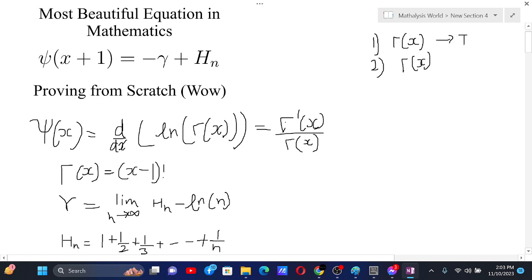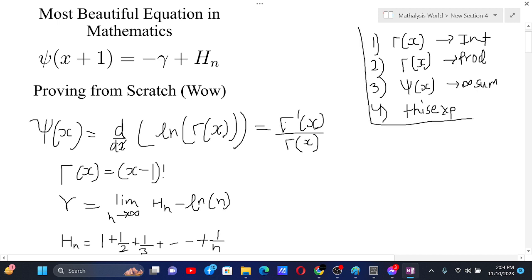And from that we will get an infinite sum representation for the digamma function, and after that we can derive this expression. So it might be a long journey, but I make sure that it will be an interesting one.